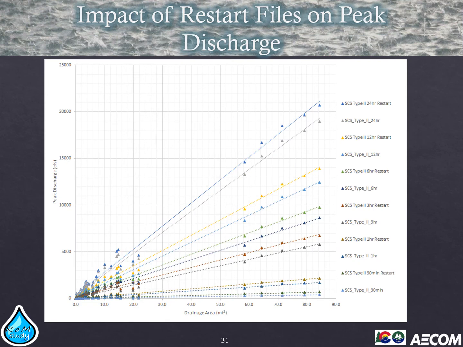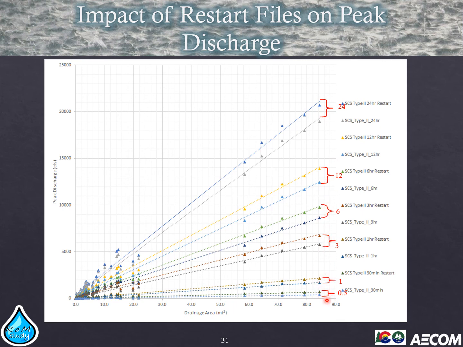This graph shows the impact of the restart files on the peak discharges. So it looks at the SES type 2 here, all the different durations with the restart and without, so whether it had wetted cells or just rain on the dry terrain. And you can see with these brackets here just kind of highlighting the differences between the durations in terms of what degree of impact it had.